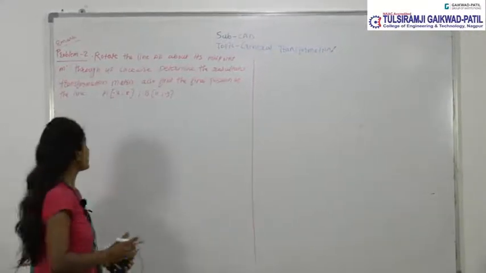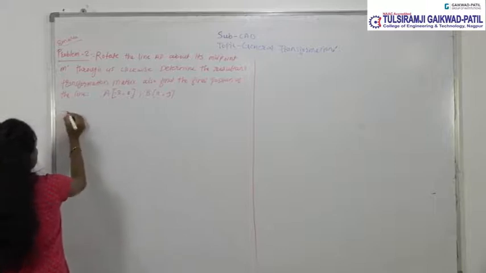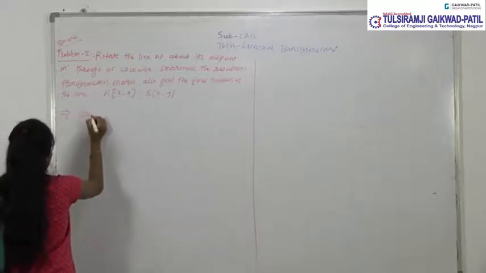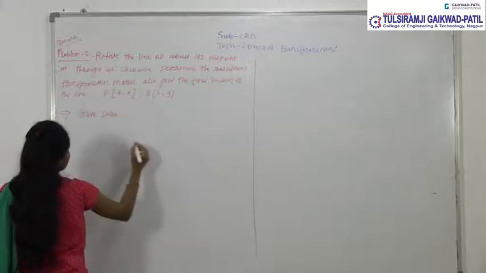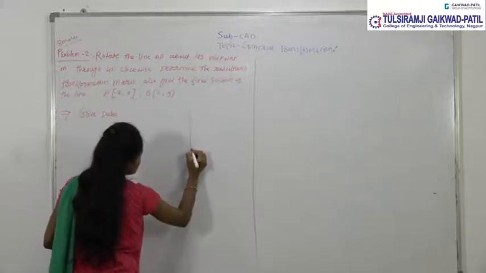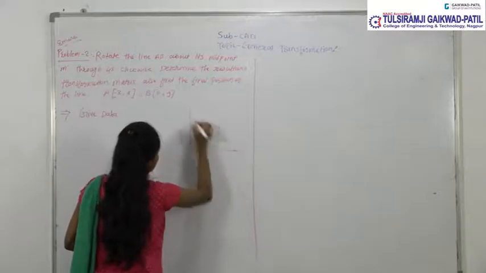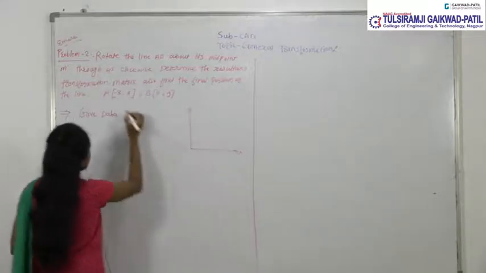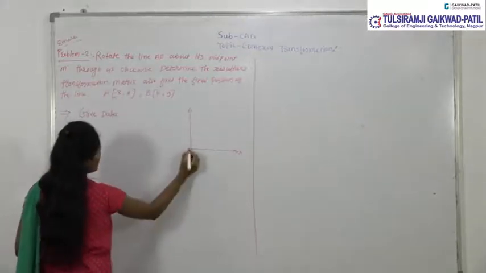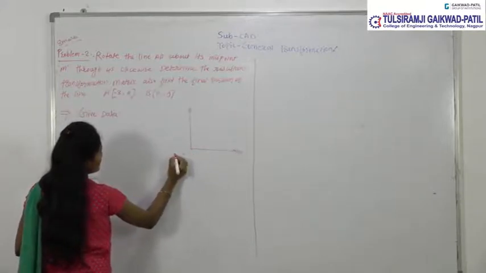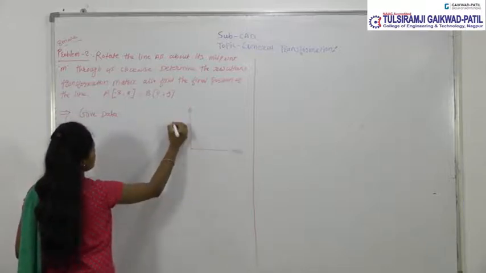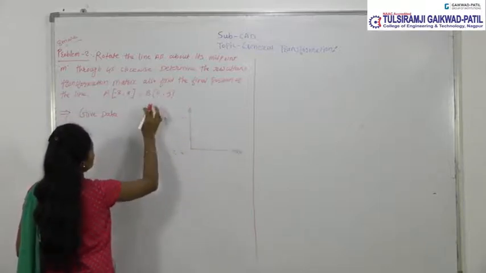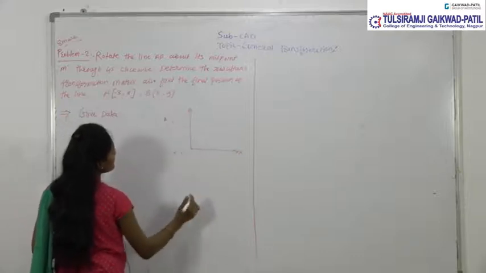Okay, so here one line is given. Here we write the given data. I draw the line in the xy plane. The line has point A at coordinates minus 3, 8, and B has coordinates 11, minus 9.